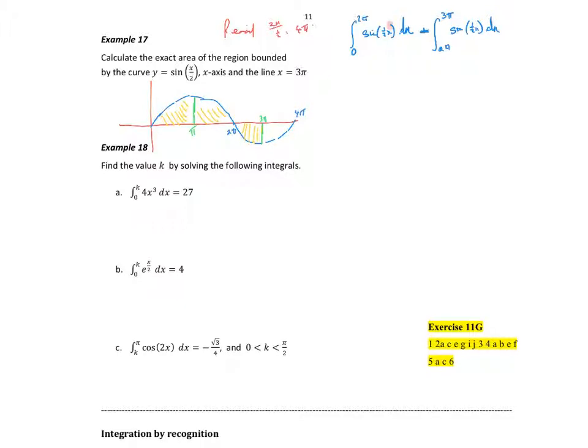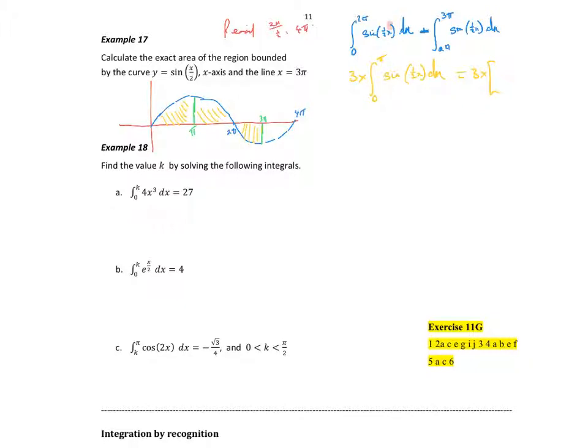Could definitely do that. But if I'm going to do this by hand, I think it's much nicer if I realise there's 3 of one section, 3 times the integral from 0 to pi of sine 1/2 x dx. That's going to be the simplest way for me.